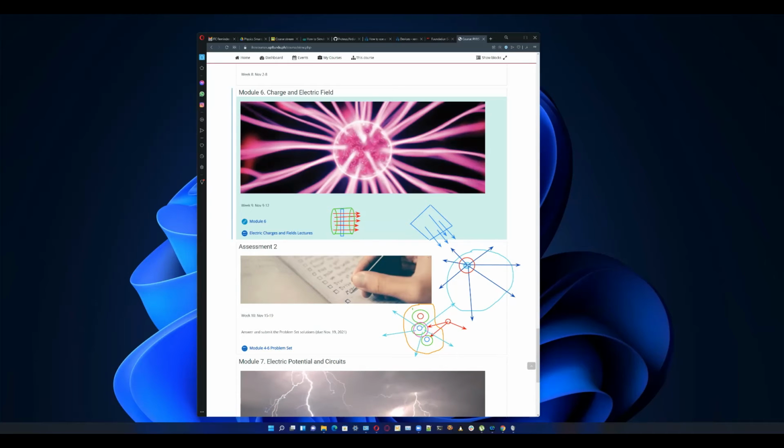Dahil, sabi nga ni Gauss, yung number of lines for that particular surface would be the same. And the strength or the value, yung electric field would be just proportional. Ibig sabihin, kaya mo nang makompute yung hinaharap mo for this blue surface na to by computing the ones on the green surface.